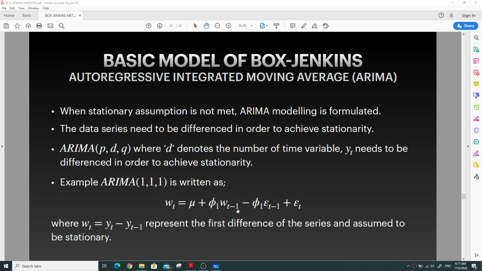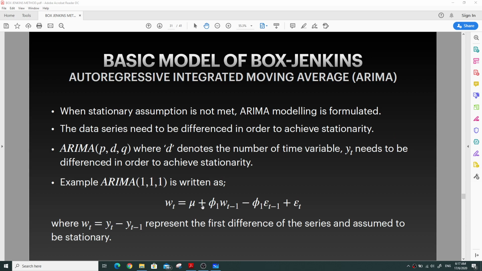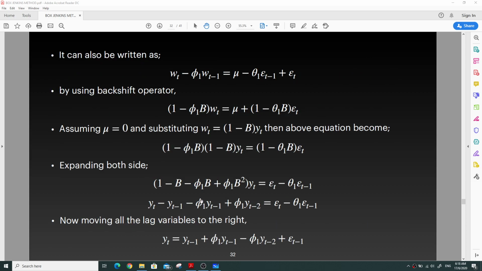Instead of yt we use wt because wt represents the first difference, yt minus yt-1. Of course, we can replace the wt with yt. So here is the example of how, based on this ARIMA(1,1,1), at the end we return it as yt.